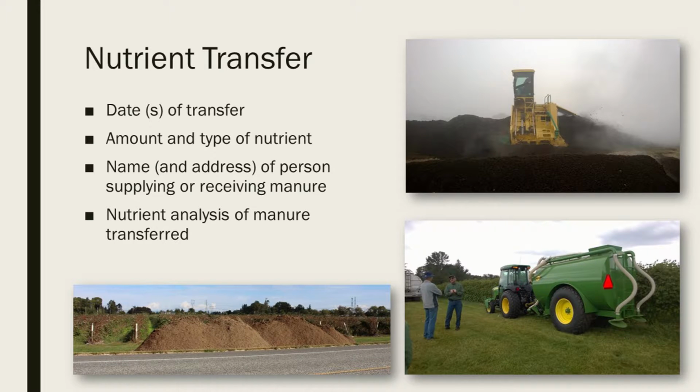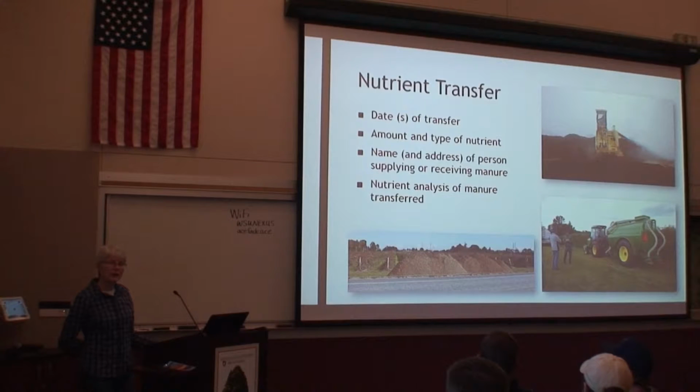Nutrient transfer. This has a lot to do with where your manure is going. A lot of times in the last probably 4 or 5 years, we've been getting questions about how do you follow the manure? Well, this is one of the ways that we follow the manure, is by your nutrient transfer records. This is also one of the ways that we don't have to ask you separately every other year for a registration work.